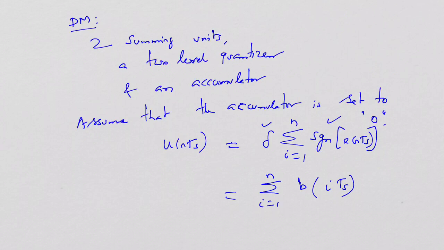So from the diagram we could understand that the modulator or transmitter comprises 2 summing units, a 2-level quantizer and an accumulator. The accumulator output u of nTs is equal to delta multiplied by the summation over i from 1 to n of sgn of e of iTs, which can be modified into summation of b of iTs, right?